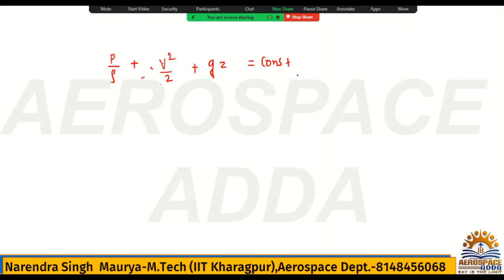So this is the specific kinetic energy, and the unit will be joule per kg. Here also it will be joule per kg. So basically, joule per kg is specific energy.